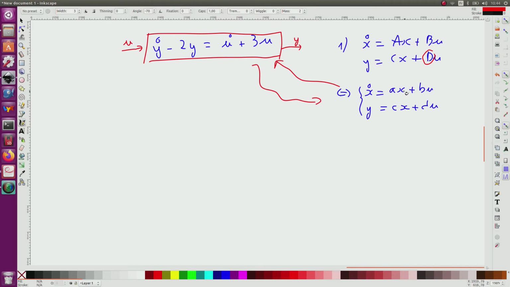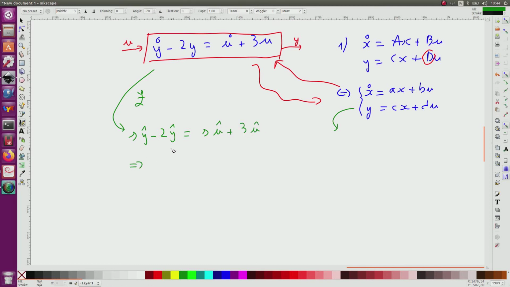So assume that I have this system and I will compute its transfer function. Taking the Laplace transform of this equation, sy hat minus 2y hat is equal to su hat plus 3u hat.